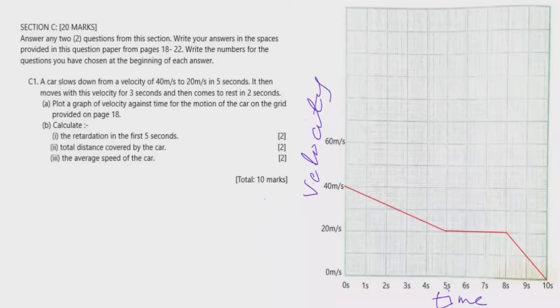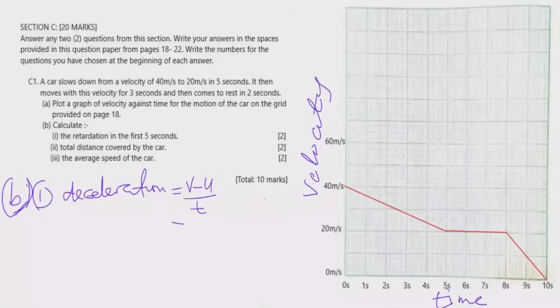To calculate the retardation in the first 5 seconds, we're going to come up with the formula. Let me write question B1 first. The retardation is equal to final velocity minus initial velocity over time.